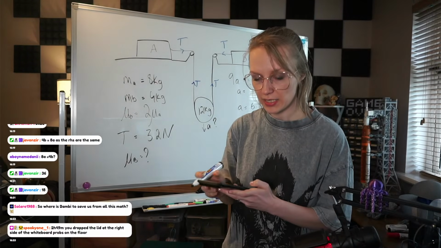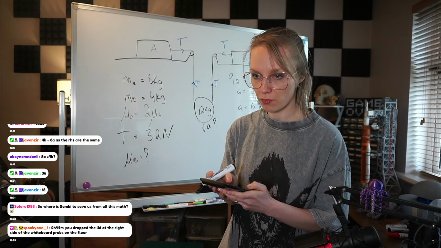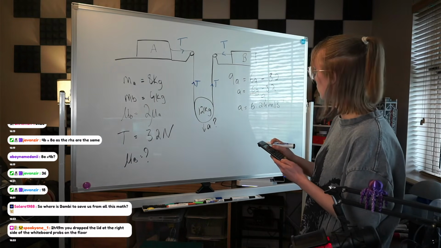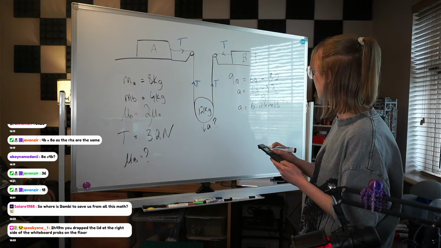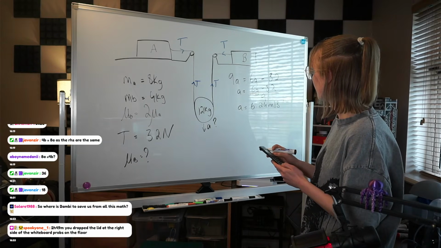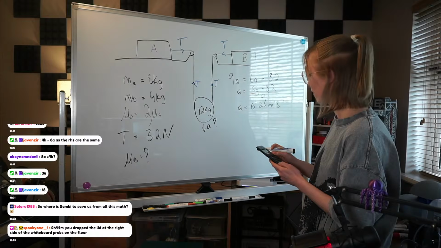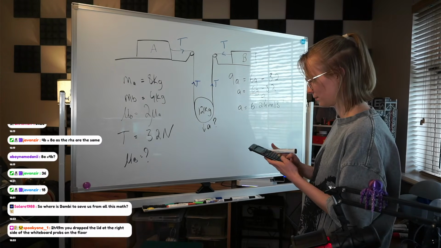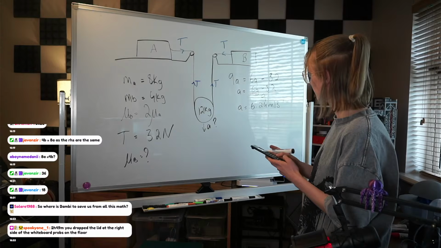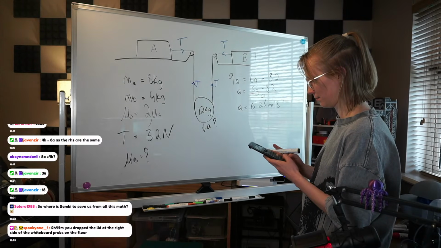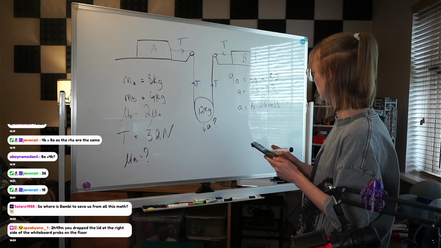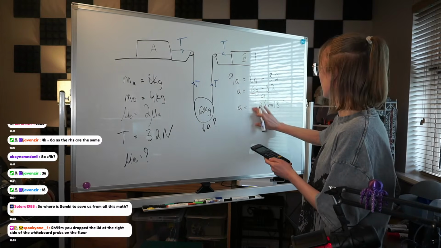Now, is that right? The exam paper says 134 divided by 45, which is equal to 2.9. Oh, okay, I made a mistake somewhere. I just did this again and I got the right answer.